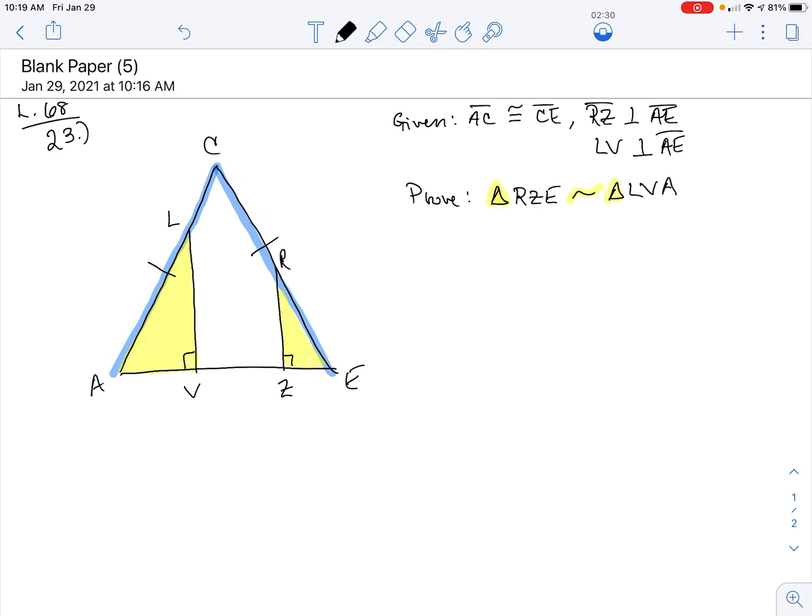And remember that in order to do that, all that we need to do is prove that two angles in each of those triangles are congruent. So we have two corresponding angles congruent to each other. Once we have done that, then we can say these are similar triangles. Okay, so far, because of these two perpendicular lines coming down here that I'm drawing a little bit heavier so you can see where I'm at, and this line here, we were told in the given information, those are perpendicular lines.